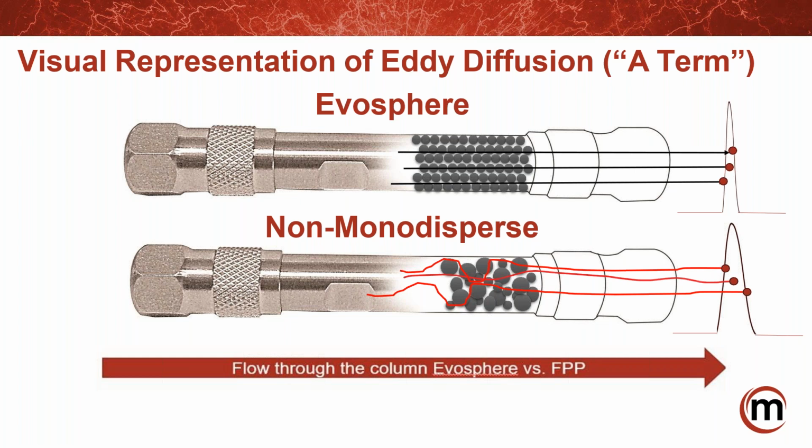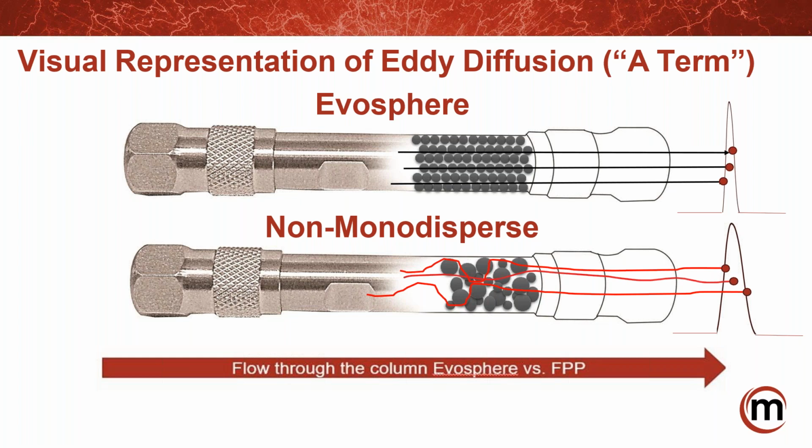And what that means is, as the analytes travel down the column, the less tortuous a path, and tortuous meaning basically multipath, that they can go through the packed bed, the tighter your peaks are going to be. And what you can see here is the same analyte, but 3 of them essentially, going through the column.